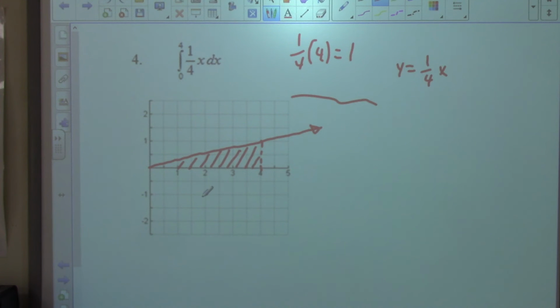So let's go ahead and work this out. We have 1/2, here's our base of 4, and we have 1. So what's our area for this thing? Base times height divided by 2, so that's going to be 2. Okay?